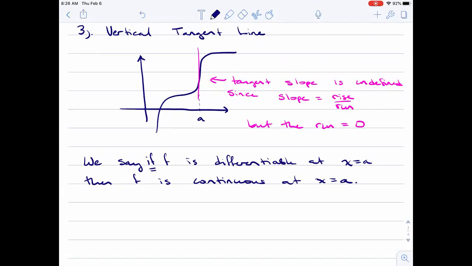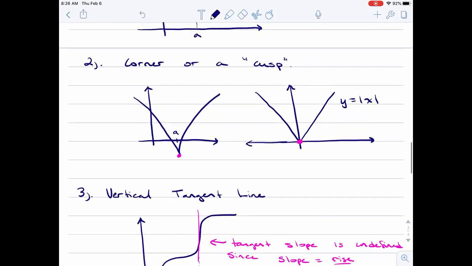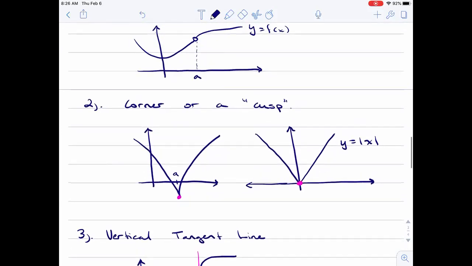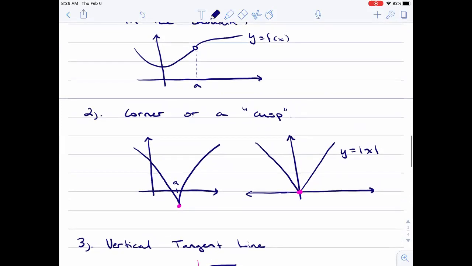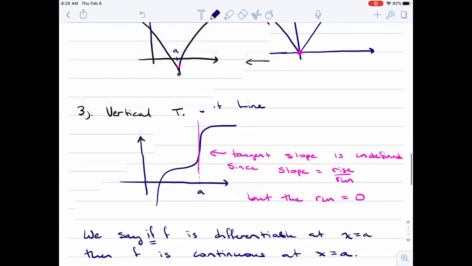That's fine, because here, if it had been continuous, then it would have been differentiable.